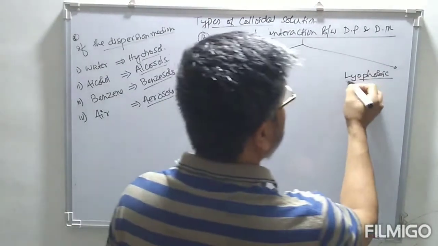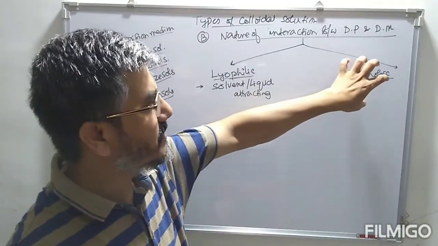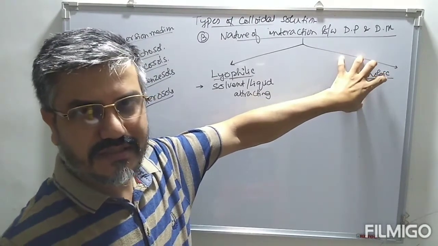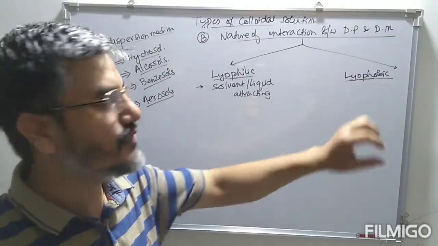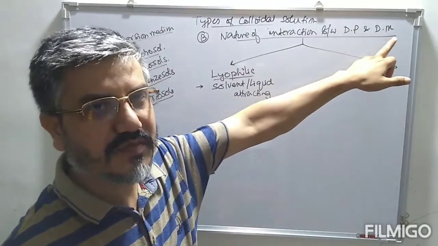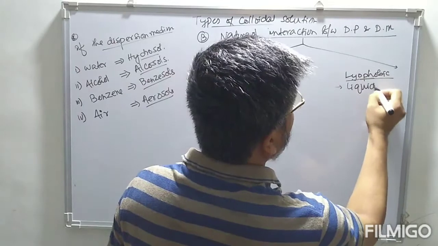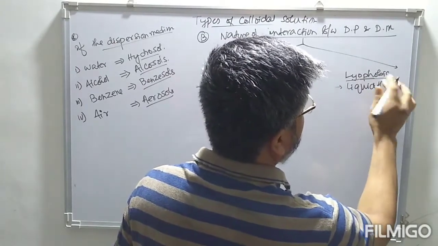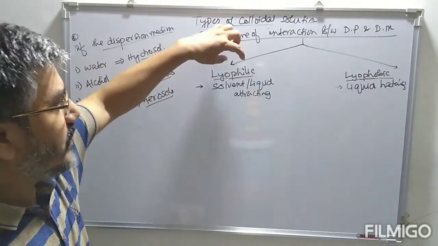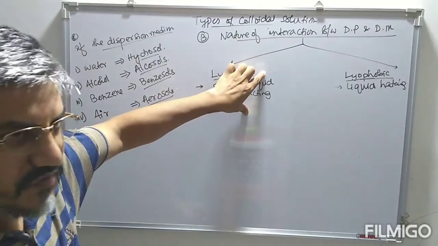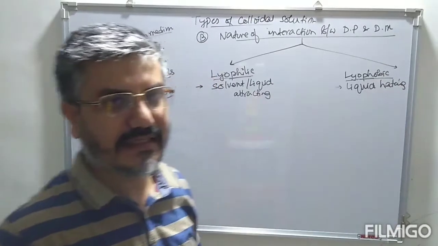Whereas in the case of lyophobic, as the name says, phobia, the interaction between the 2 components is very weak, or we can say there is a repulsive force between dispersed phase and dispersion medium. So these are known as liquid hating. One we have lyophilic, liquid attracting or liquid loving. The other one is lyophobic or liquid hating.